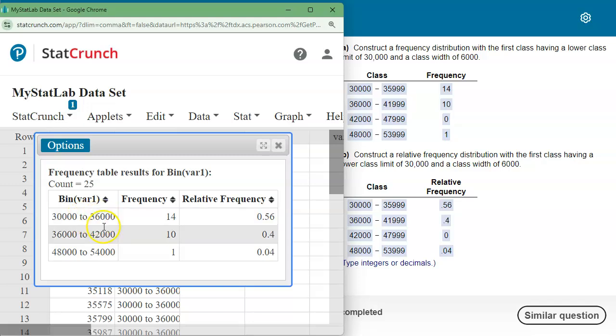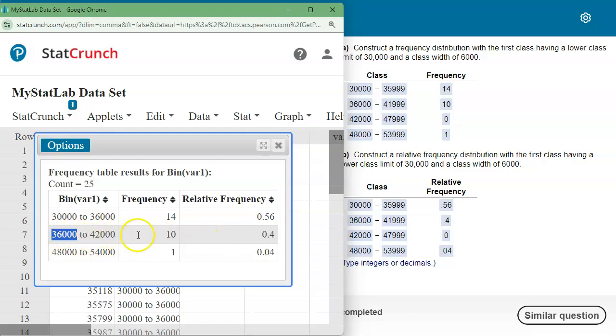Does it come here or does it come here? Now, StatCrunch isn't doing anything wrong necessarily. It said that we wanted to include the left endpoint.